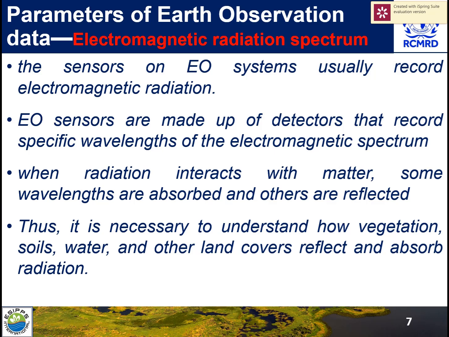And for one to perform analysis with the Earth observation data, they need to understand which area of the electromagnetic spectrum and what wavelength they are dealing with, so that they can understand the particular feature of the Earth that they are dealing with.